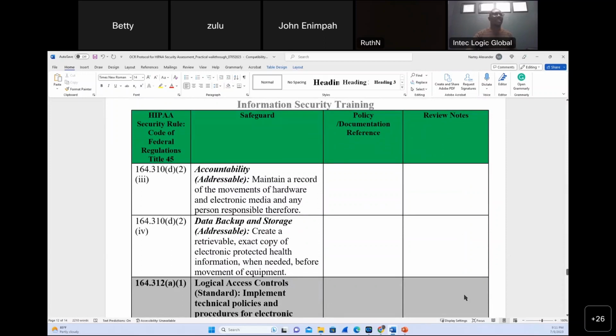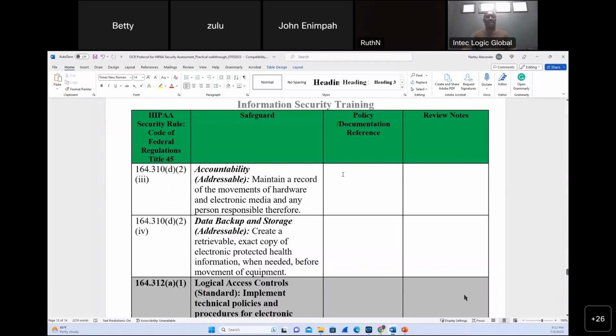Accountability: maintain records of movement of hardware and electronic media and any person responsible thereof. So if you have to move media from one location to another location, maybe you have different campuses, HIPAA requires that you keep records on them.